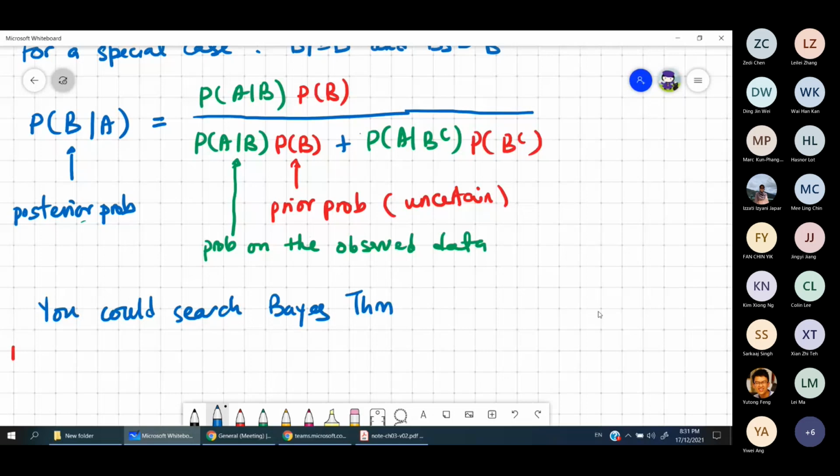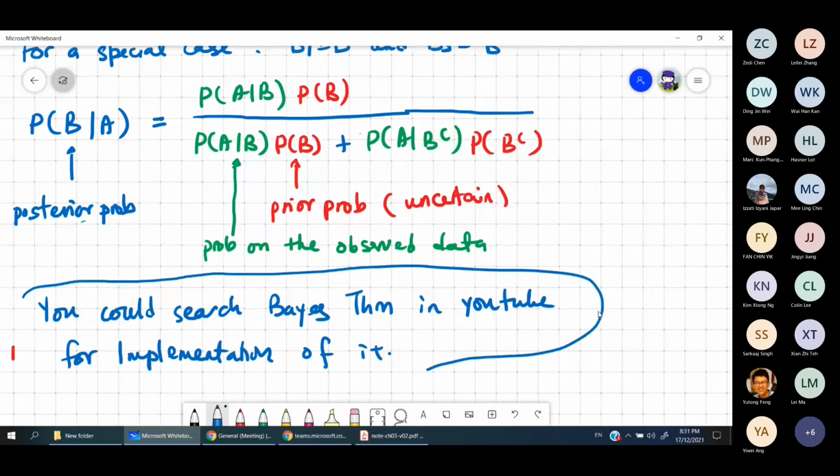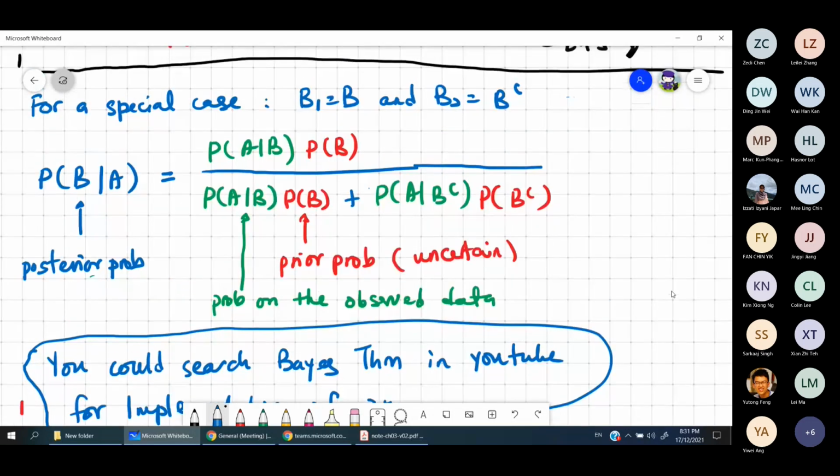I think there should be a lot of videos there on Bayes theorem. Roughly speaking, it will be something like this.